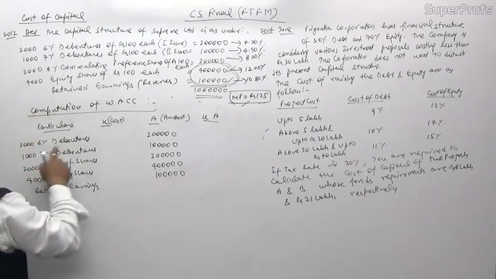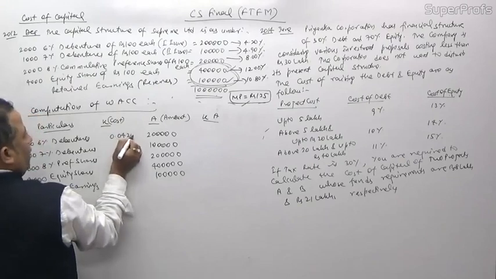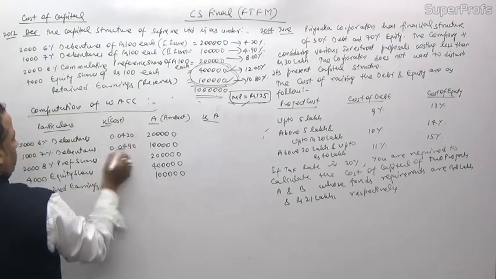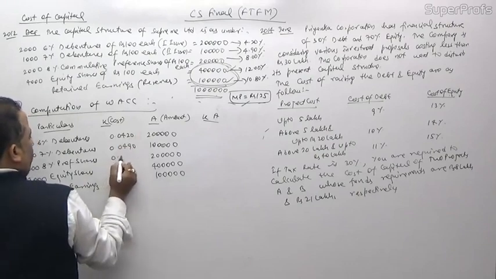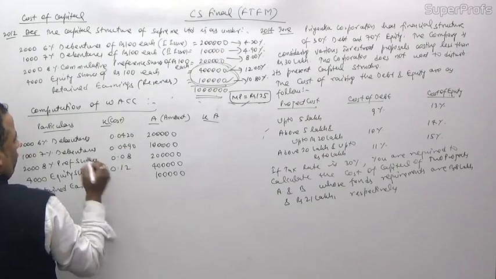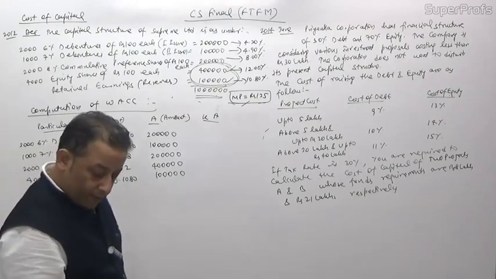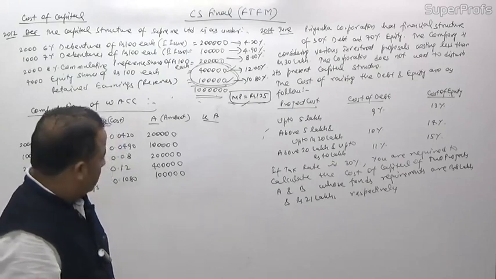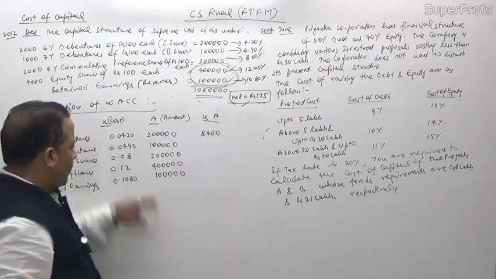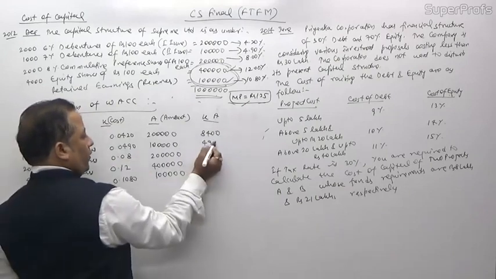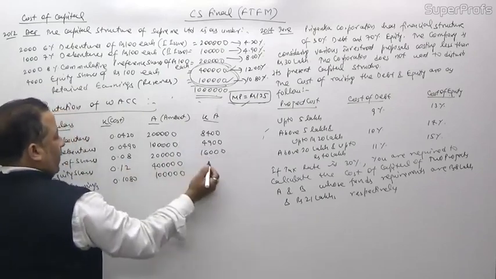So the cost of 6% debentures as we calculated 4.2%, 7%, 4.90%, preference shares 8%, equity 12%. 2 lakh multiplied by 0.0420, 8400 rupees. 1 lakh multiplied by 0.0490, 4900. 2 lakh multiplied by 8%, 16,000. 4 lakh multiplied by 12%, 48,000.